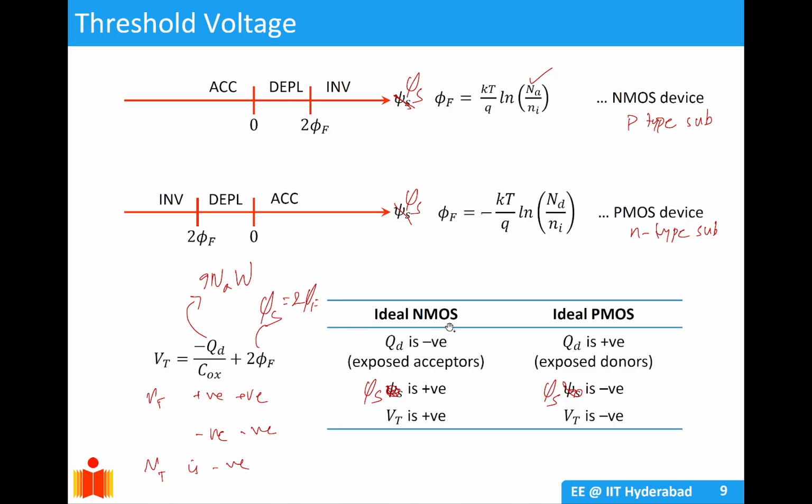So in an ideal NMOS case, your Qd is negative because in the depletion region your holes are depleted, hence Qd is negative. Your band bending is positive, so net Vt will be positive.